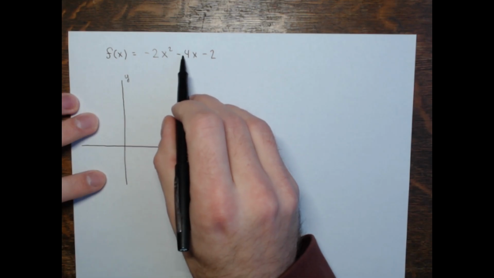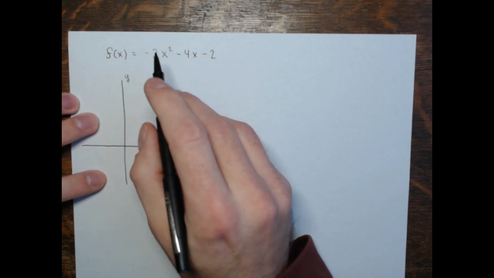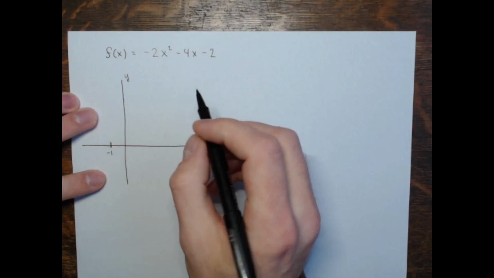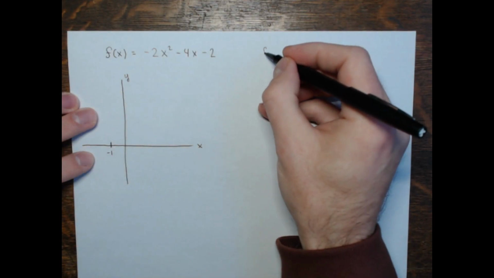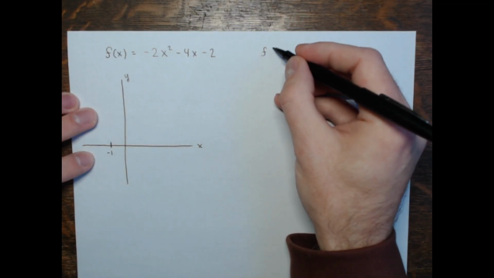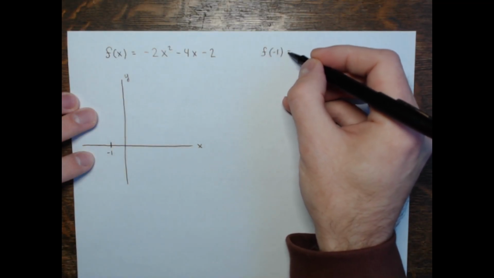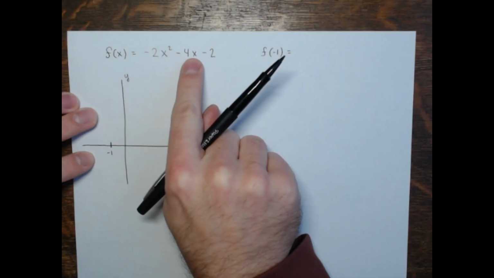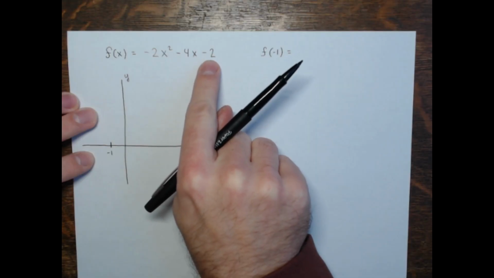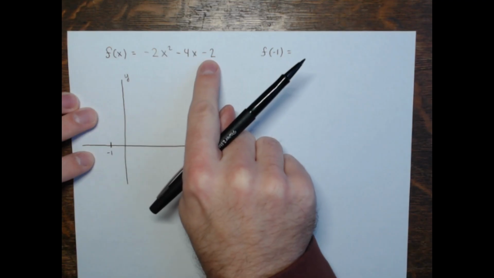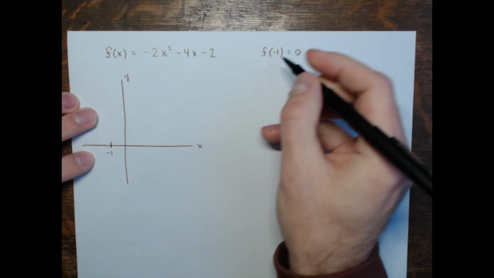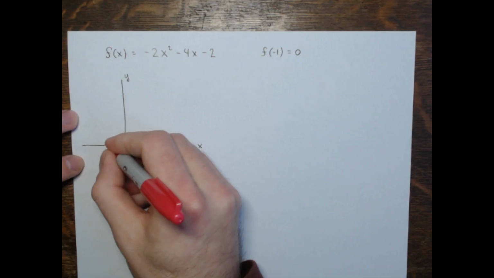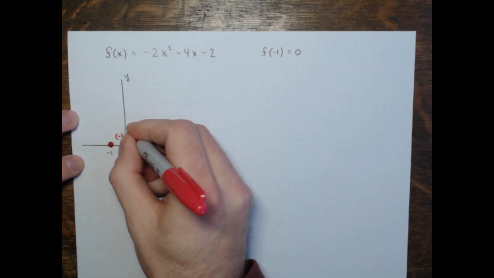So positive 4 over negative 4. So at negative 1. And then if you plug in the value, this is actually the value we care about, right? The value of f at negative 1 would be negative 2 plus 4, which is positive 2, and then minus 2 is 0. Okay, so here is the vertex, negative 1, 0.